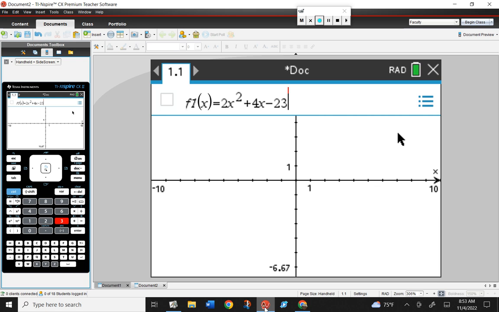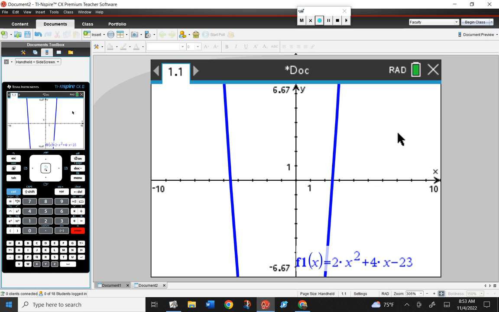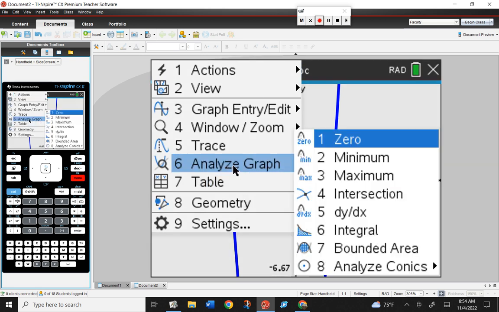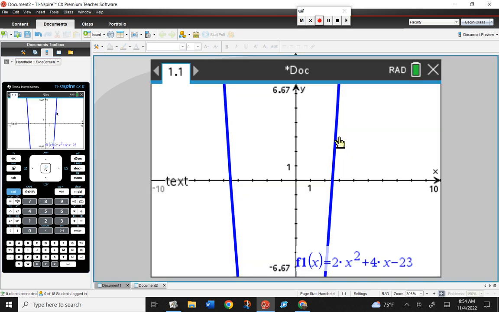And we want to find out where this crosses the x-axis. Now, if you look, it doesn't cross at a nice place here. These calculators make it super easy to find the point of intersection. So what you're going to want to press is Menu, go to Analyze Graph, pick 0.